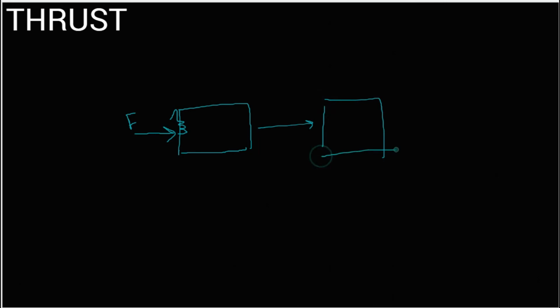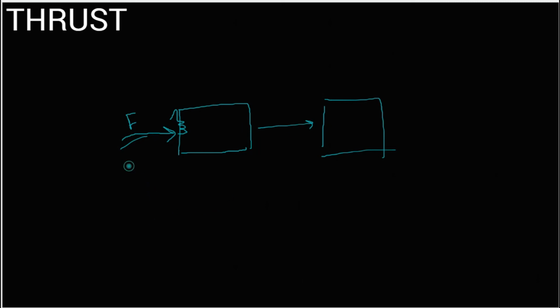Let's start the next thing. Thrust. So gravitation is over. This is the new concept that you need to learn. Thrust. Now, this is the object. You are making a force by your hands and dragging it to here. Your force has been done.